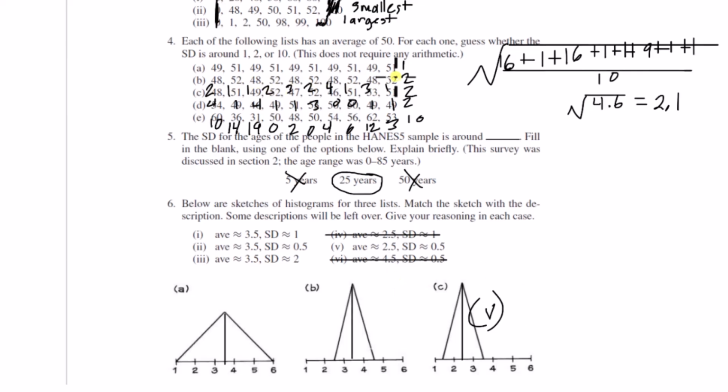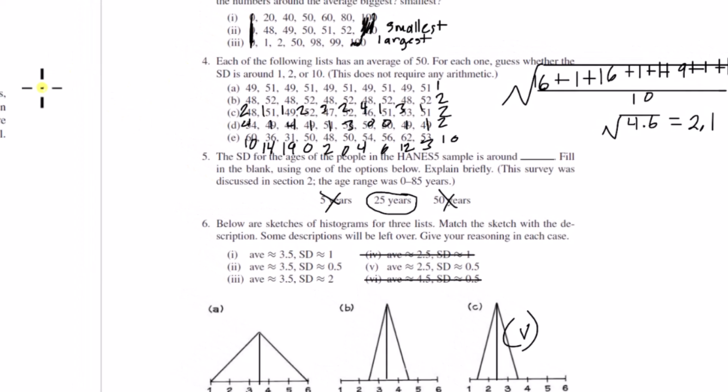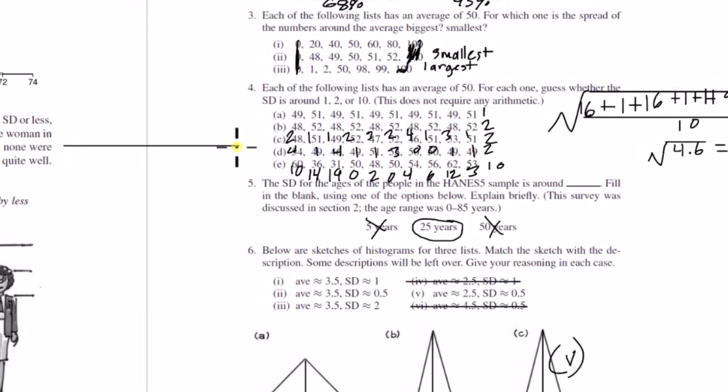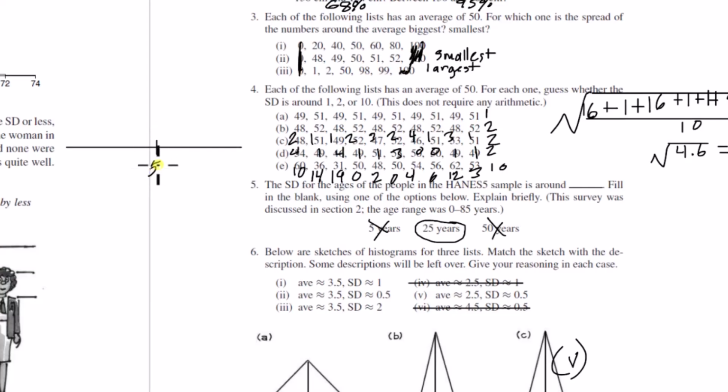I mean, we can try. Let's draw the histogram for this. All right, we've got 50. Okay, so we know that this is symmetrical because the median, and is it 1, 2, 3, 4, 5, 6, 7, 8, 9, 10?